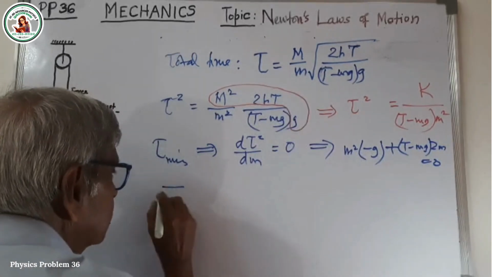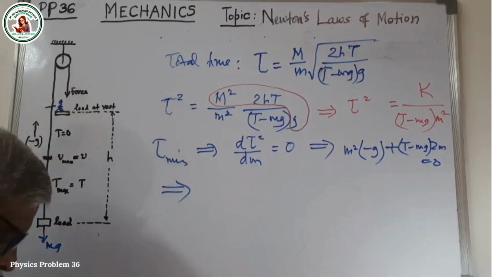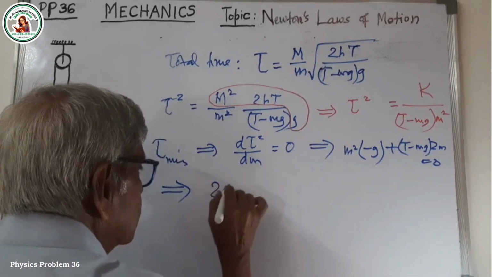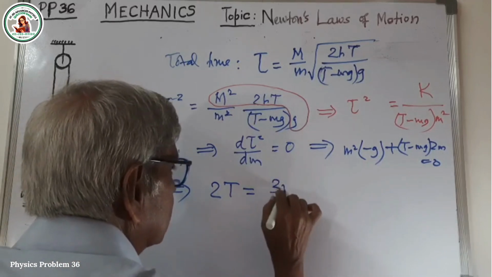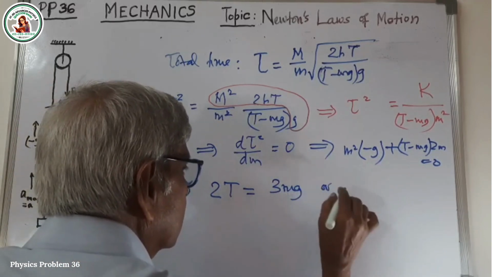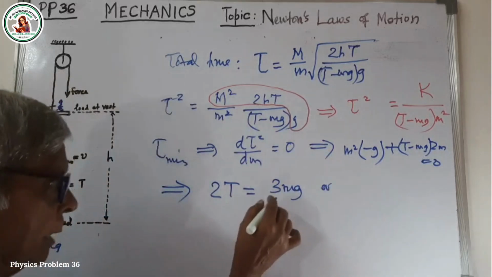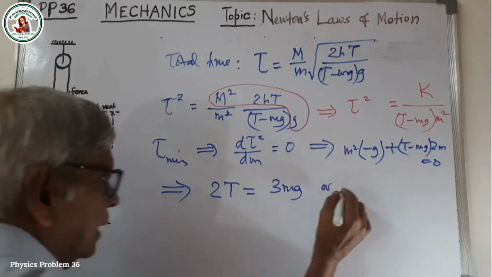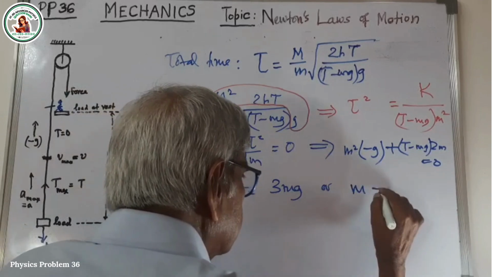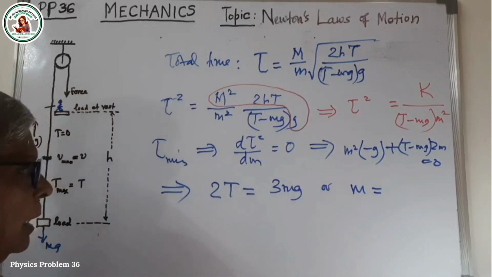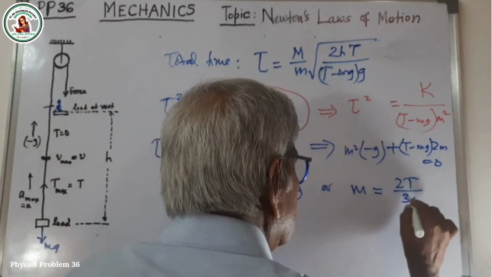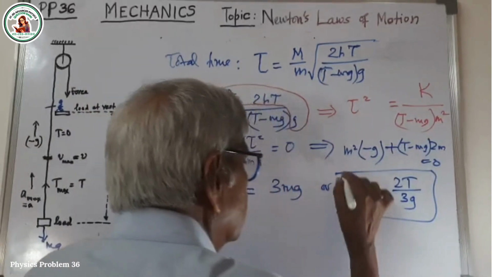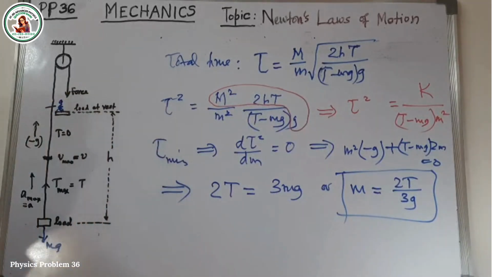So that gives us 2T is equal to 3mg. The m for minimum time, the answer to our question, is m equal to 2T by 3g. That is our required answer for the minimum time.